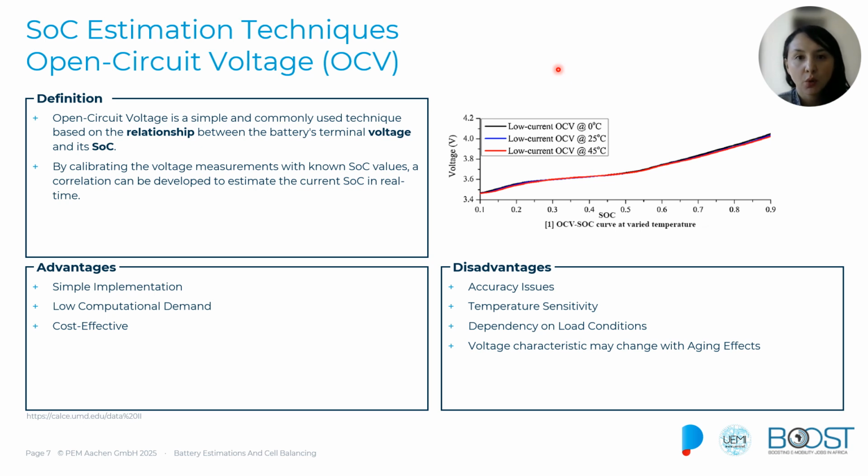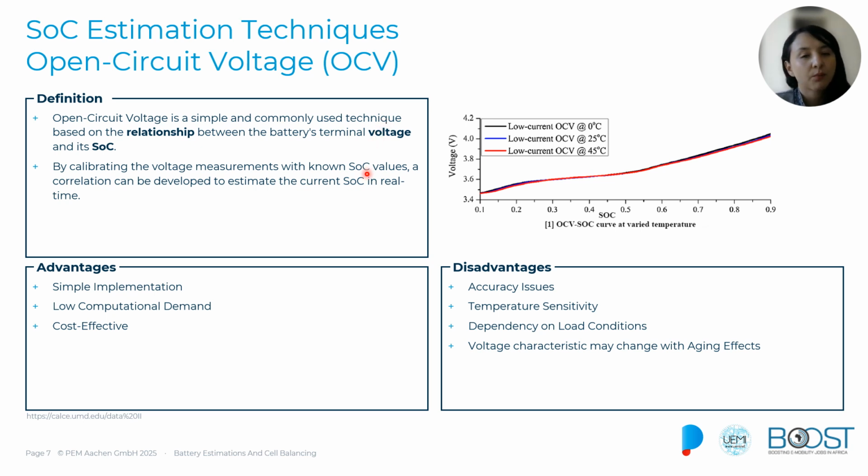Let's start with one of the simplest ones, which is the calculation of the state of charge based on the open circuit voltage. This is one of the simplest and also one of the most widely used methods to estimate the SOC. Here we use the relationship between the charge level and the battery voltage at rest, meaning the voltage that we measure when there is no current flowing in or out of the battery.